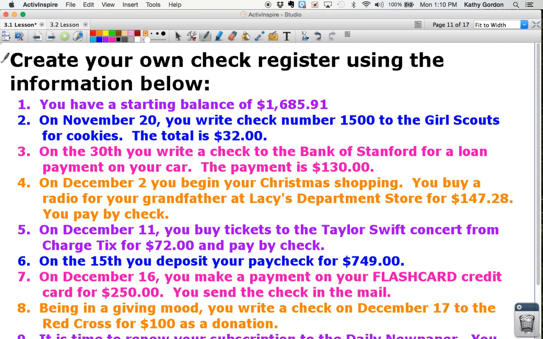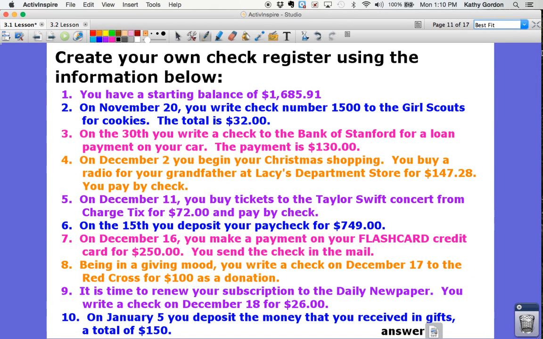Okay, so here's your chance to try it. You've got your check register on the back side. I am telling you the starting balance that you have, and then I'm giving you 9 different transactions that I want you to record on that check register.